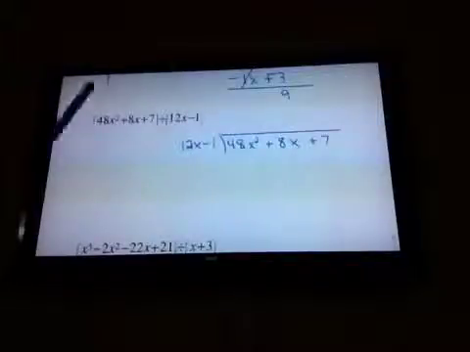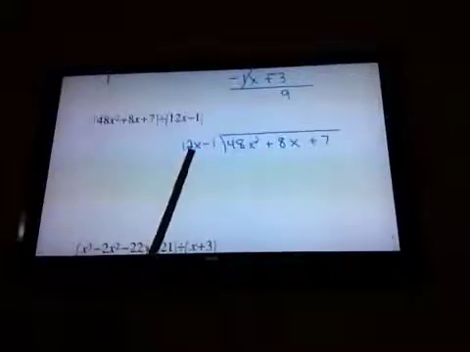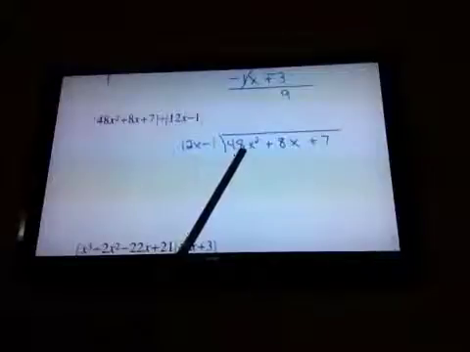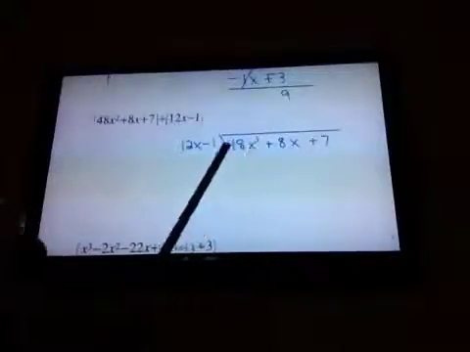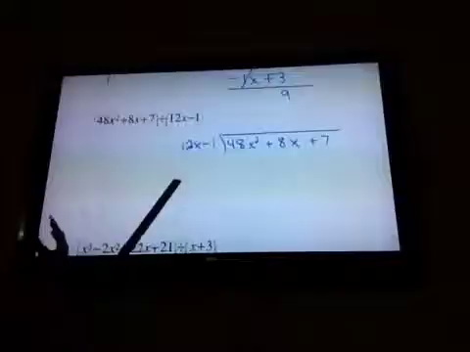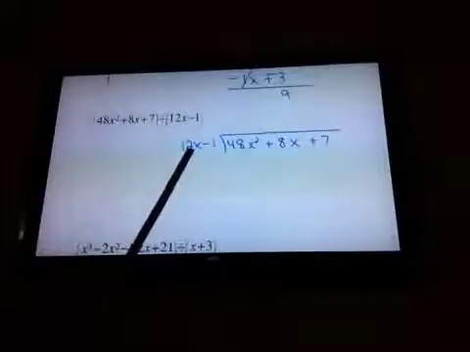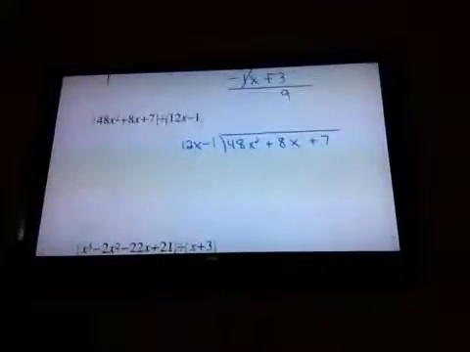And I divide. I'm going to take 12x divided into 48x squared. Or you can reword that in your head. What would I multiply 12x by to get 48x squared? Grant? 4x. 4x.